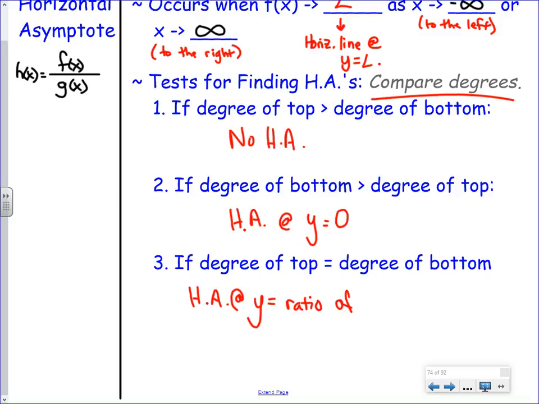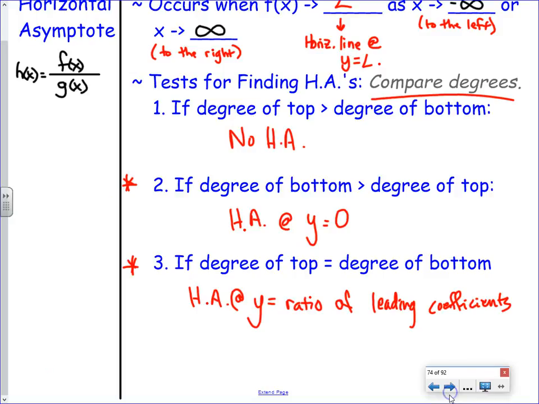If I can spell coefficients. So when's the only time that there's no horizontal asymptote? The top wins, there ain't anybody pulling him down, and he's going to go wherever he wants to go.